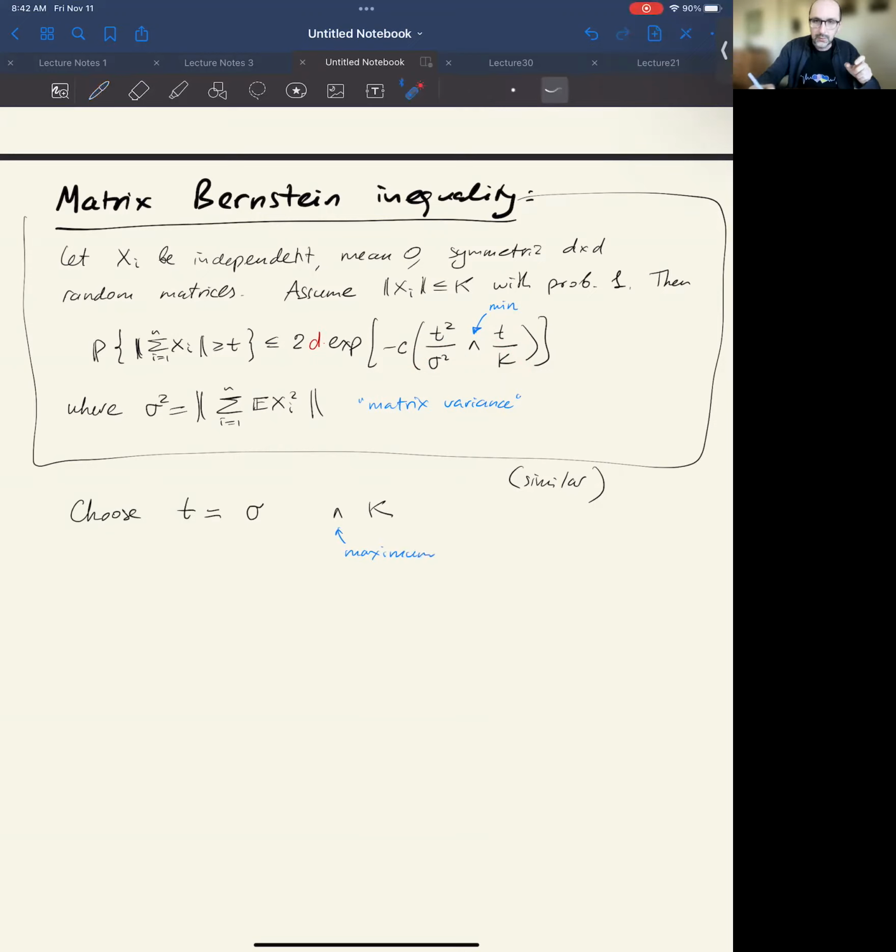It's the same symbol, should be maximum, yes. And maximum should be the opposite one. I always forget, yes. Thank you. It's a little wedge like that. So it should be the larger of sigma and k, so that t is able to scale above sigma and above k. It should be larger than that, so maybe c sigma and ck with a large constant c, but it should also fight this d. If we bring it into the exponent, it should fight the log factor of d, just like we said before. So if you do things correctly, this choice is very good, where c is a large absolute constant.